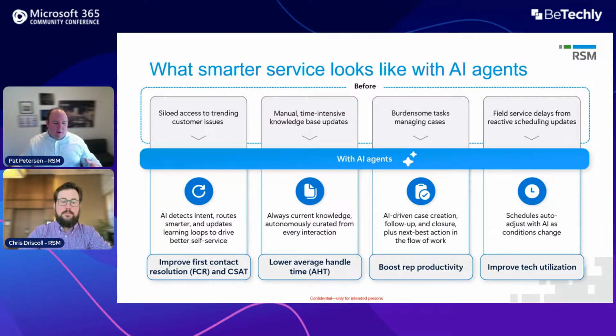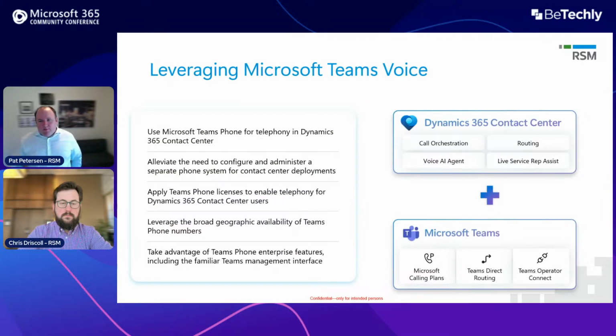So when we think about improving productivity, lowering the average handle time, or improving first contact resolution and CSAT, that's really the key piece: how do we provide a better experience for a lot of our customers or consumers that are calling in overall. So with that, I'm going to bring it back to the fundamentals portion of it, and think about where Microsoft Teams can fit into this mix.